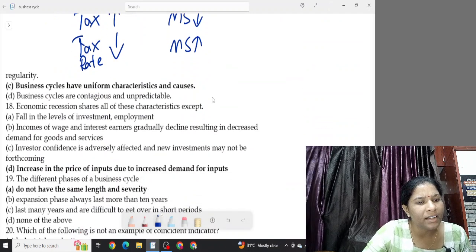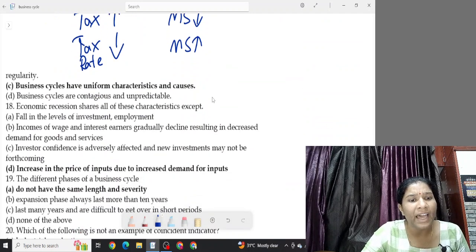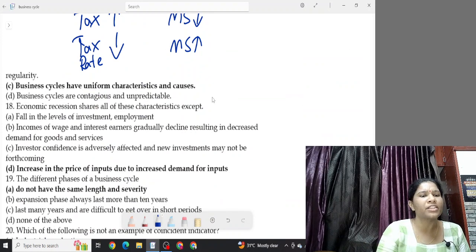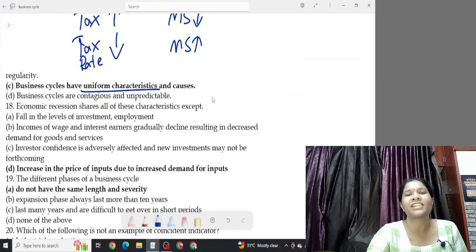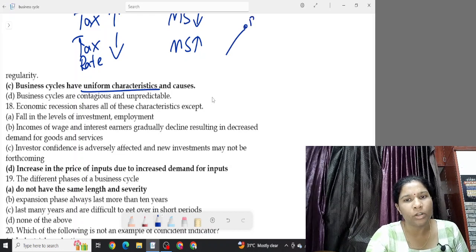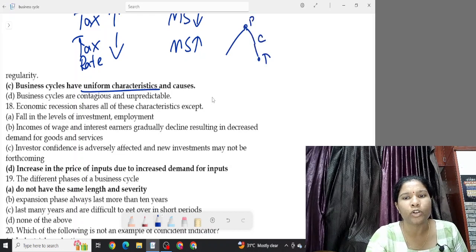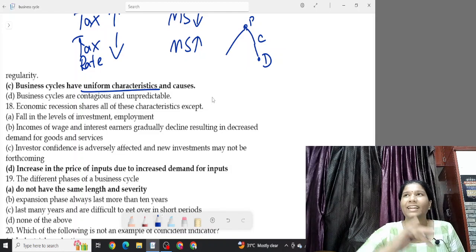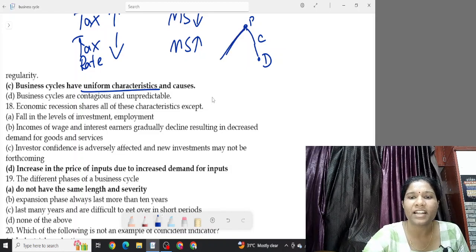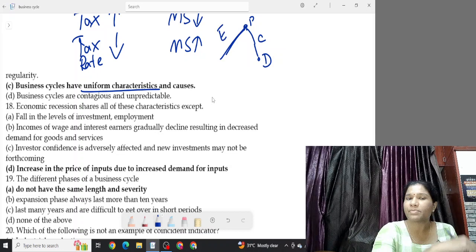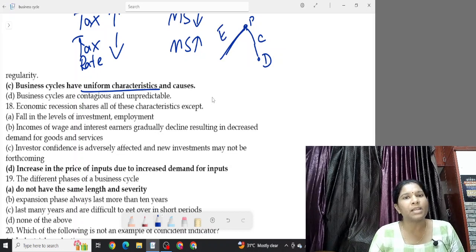And then, business cycles have uniform characteristics and causes? No, it is not at all uniform. See, only one thing is uniform. What is it? First expansion happens, then it goes to peak, then it contracts, then it goes to depression. That's all. Everything else, like how many years the expansion of the last business cycle lasted, maybe 3 years, this time it will be 5 years.